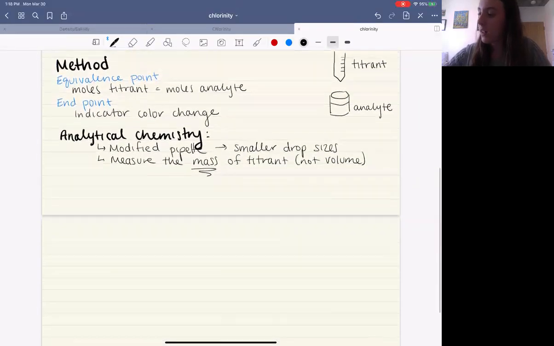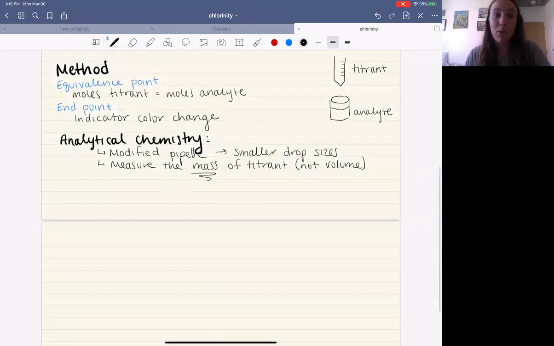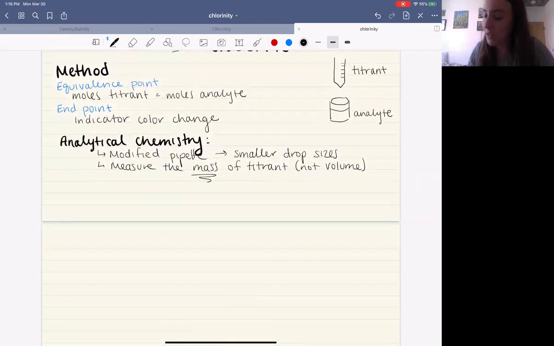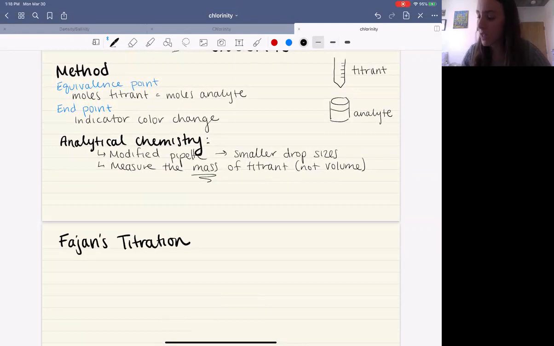Okay. Now, specifically for this experiment, what is the titration that we're doing? It's called the Fajans titration. So the reaction we're doing, we're taking all of the halide ions in solution in that seawater. I'll just call that X minus, and we're going to add silver nitrate.